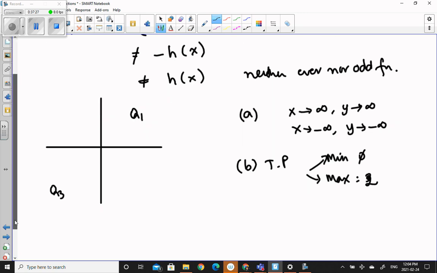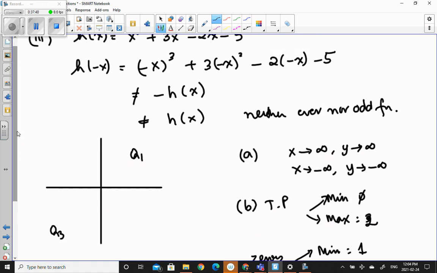And for the zeros, it could have a minimum of 1 because it's an odd degree function, and a maximum of 3 zeros because it has a degree of 3.